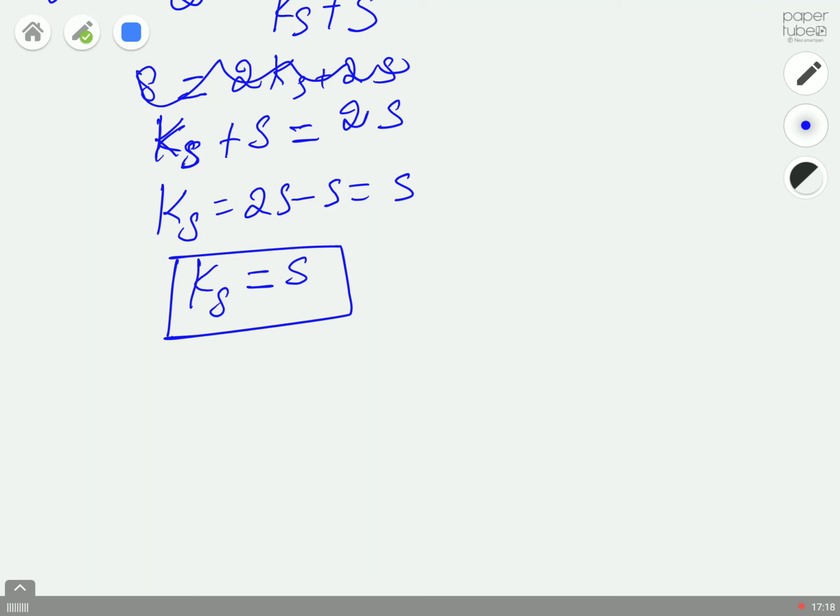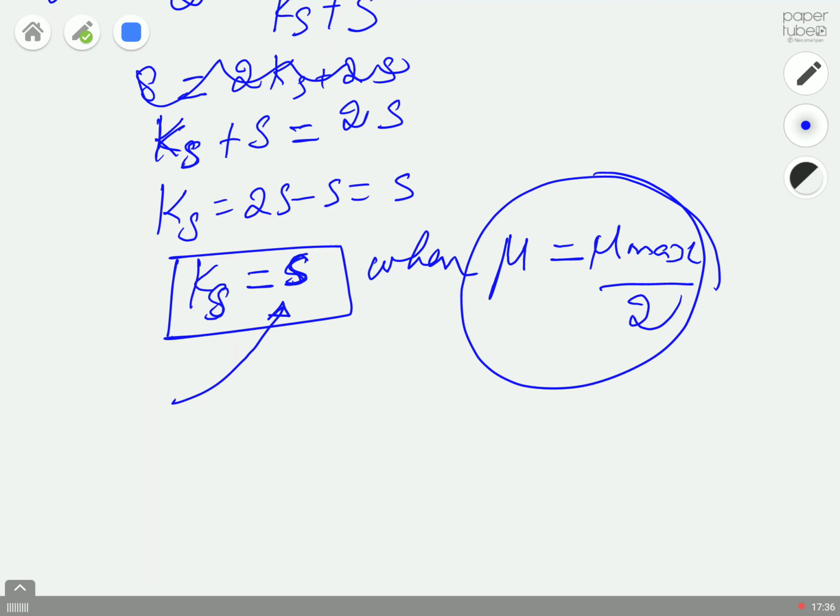So what it states is Ks will be equal to your substrate concentration when your specific growth rate reaches half of your maximum specific growth rate. That's the whole meaning. So this is what we derived.